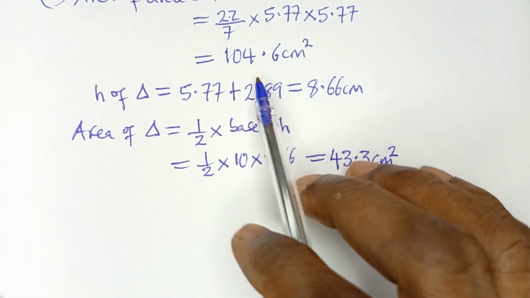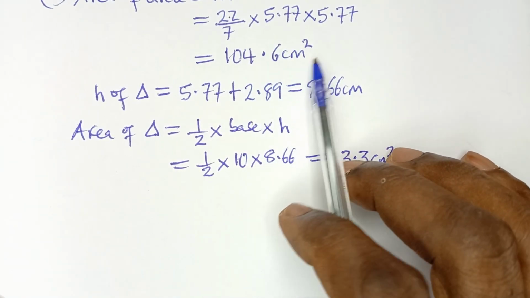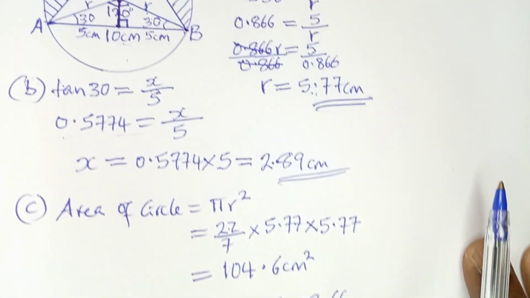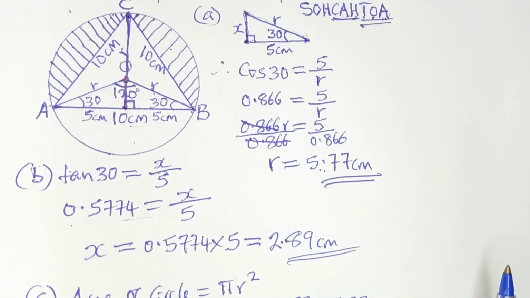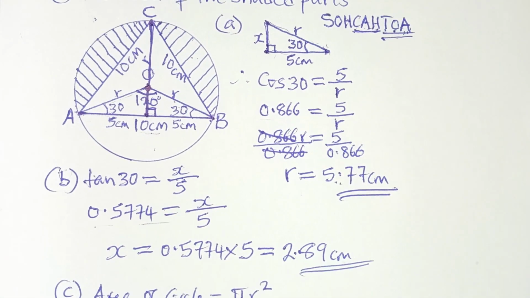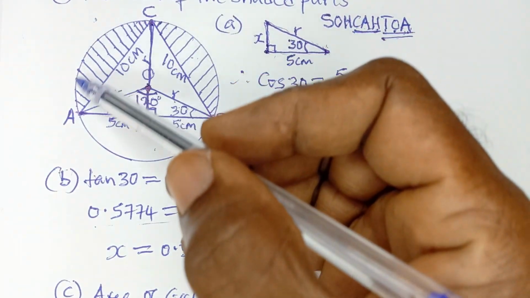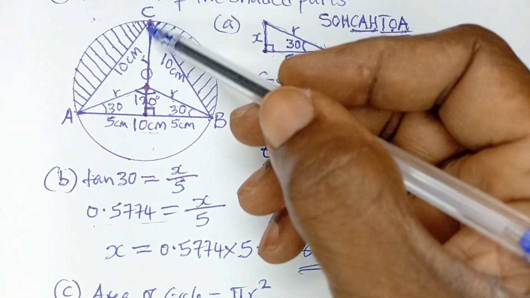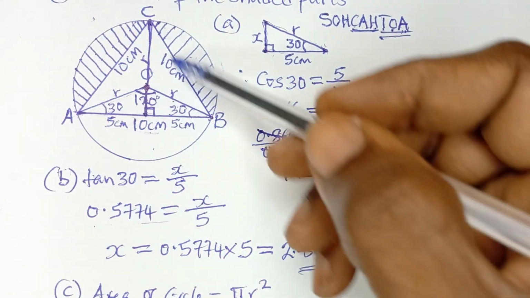So this is the area of the triangle. And don't forget, this is the area of the circle. So coming back to this shape now, let's analyze how we are going to get the area of the shaded portion. This is the full area of the circle that we have obtained, and this is the area of the triangle.